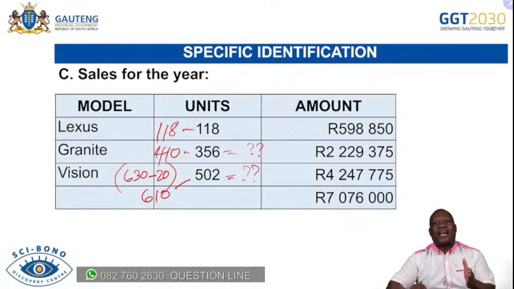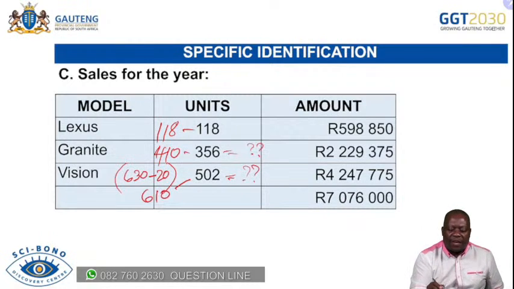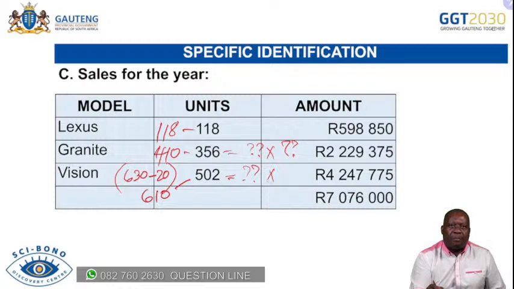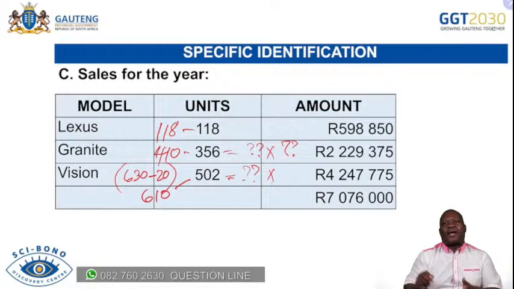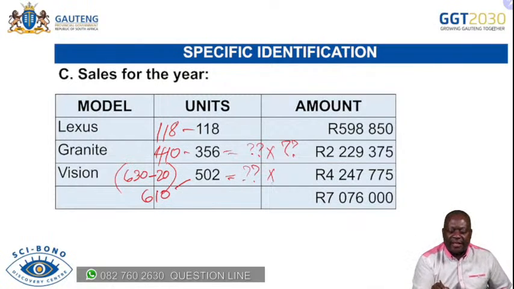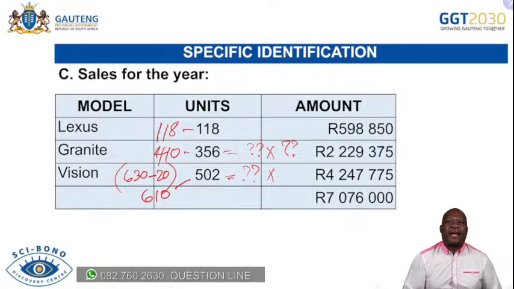How many units are still there? Now, when you have established how many units are still there of the Granite, you multiply by the price for one Granite. You do the same with the Vision. You multiply by the price for one Vision. And then you can find the value of your closing stock. And when it comes to the Lexus, remember, nothing is left because we sold all of them.